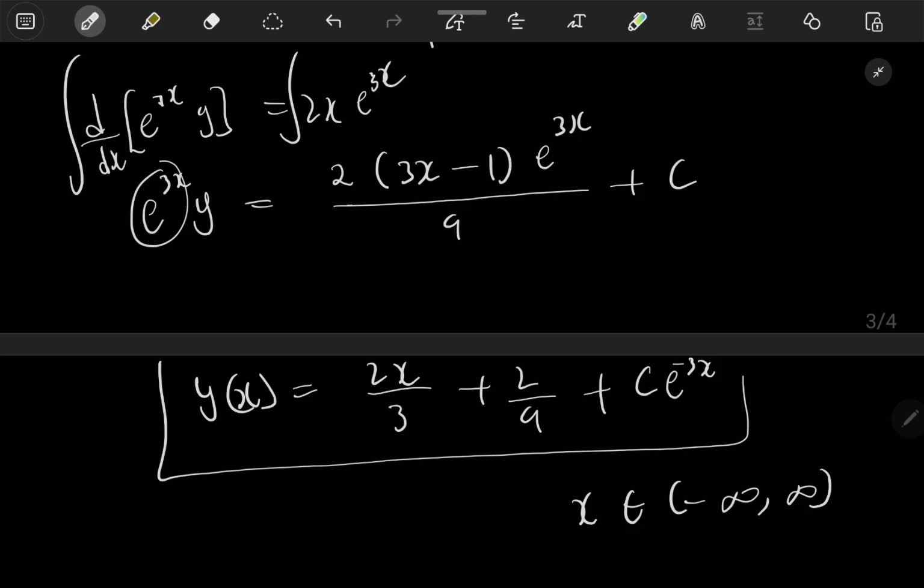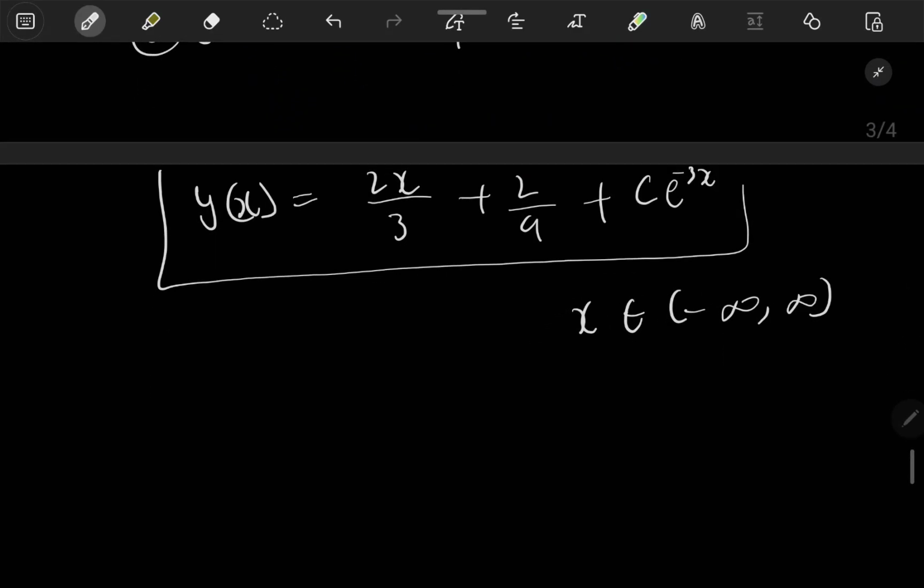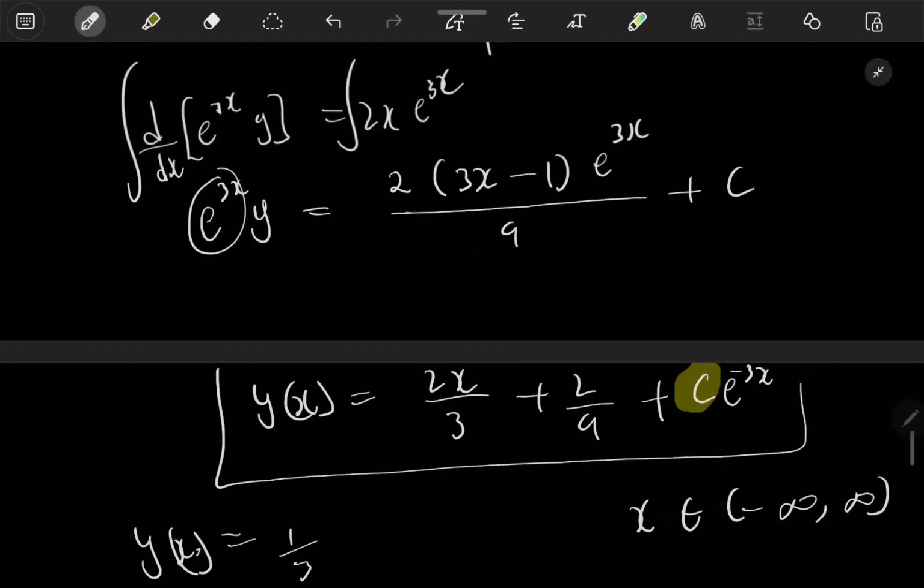Okay, then we apply our initial value. Remember, we can't have a constant unknown, so we were given that y of x naught equals 1 over 3. Let me confirm. Yes, that's fine.